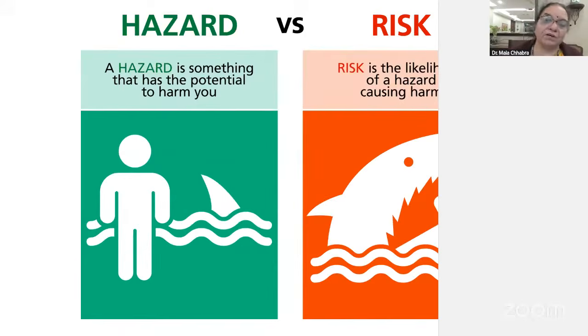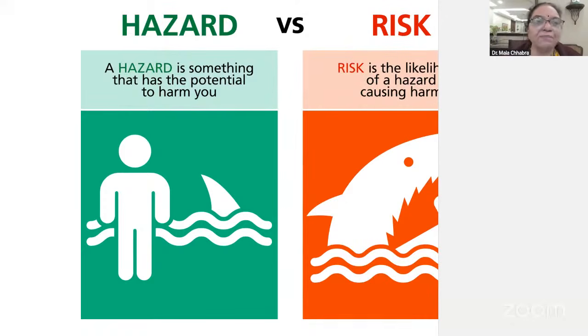Now, if a person tries to jump in and tries to swim, then it becomes a risk. And mitigation would be that you make them aware that they should not do this when you know that this part of the sea would have sharks. So awareness messages out there would be risk mitigation.